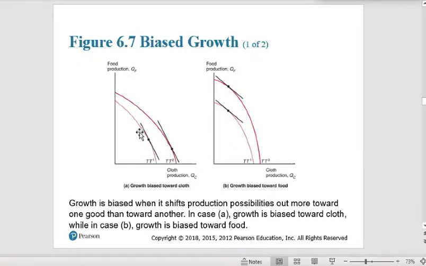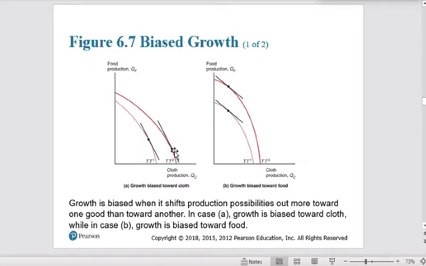Imagine there's a big improvement in manufacturing clothes. Since you become better, more efficient, and cheaper at making clothes, given the international price of clothes, the isovalue line, your best decision will be made at this point. This is where you decide how much clothes and how much food you want to produce.